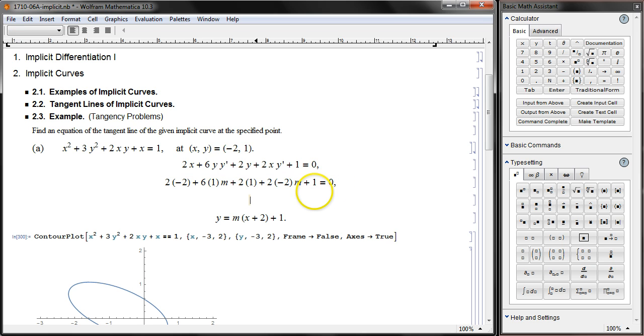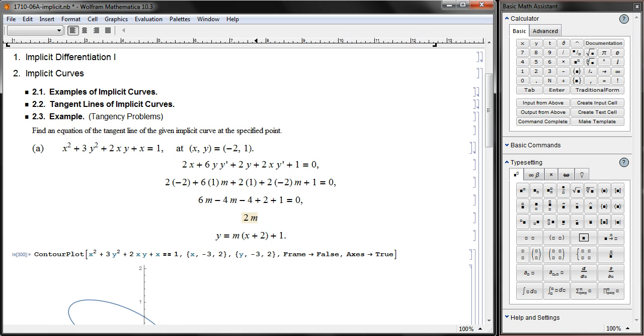I don't think that's too difficult to solve. Let's see, 6m minus 4m. If you put together these two m's, and how about the others? Negative 4 plus 2 plus 1 is equal to 0. So 2m minus 1 is equal to 0, m is equal to 1/2.